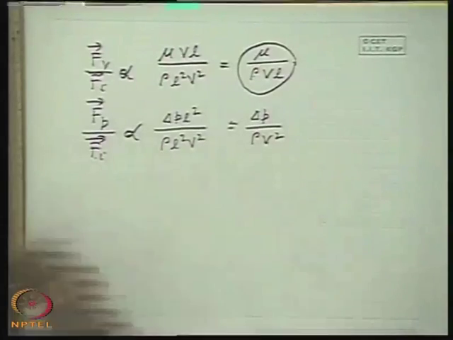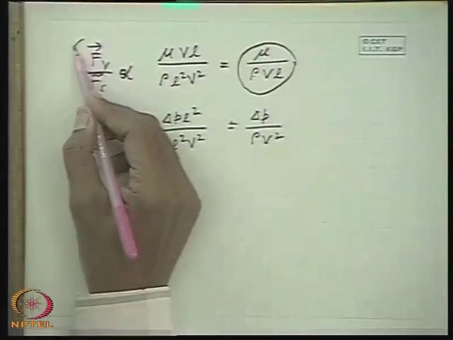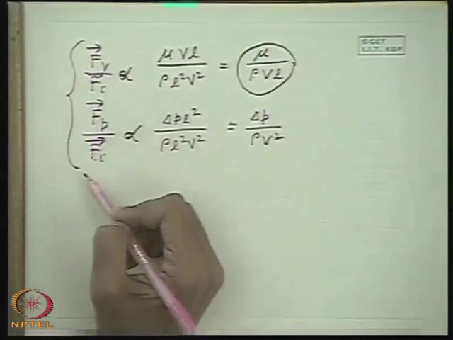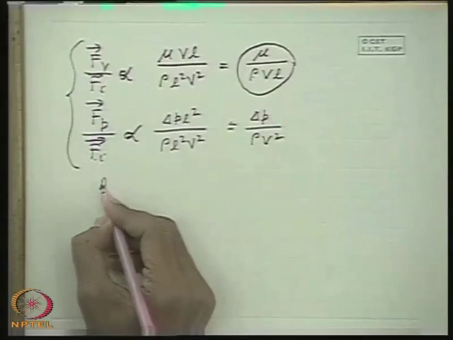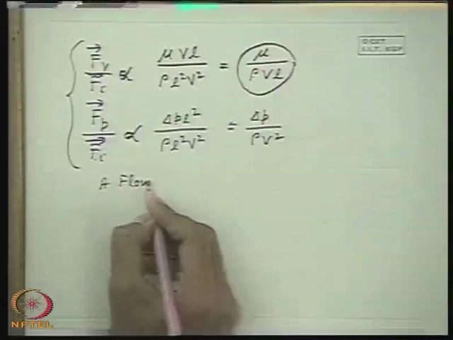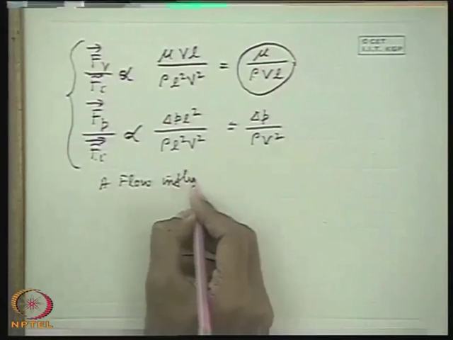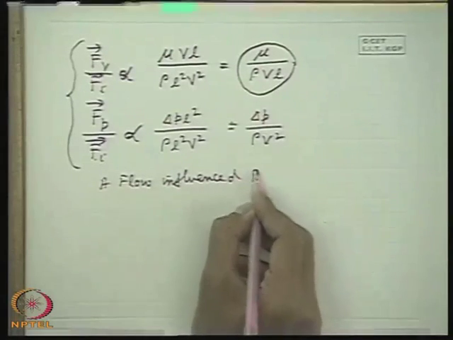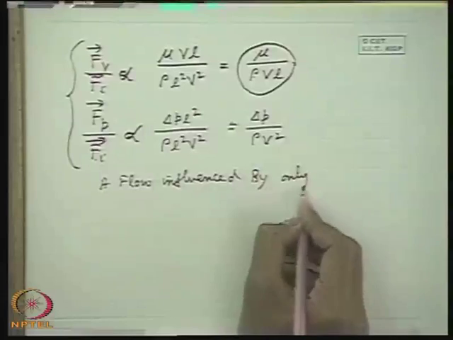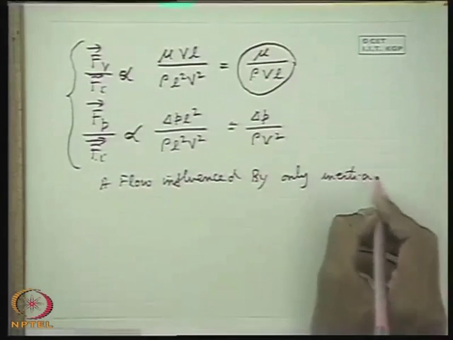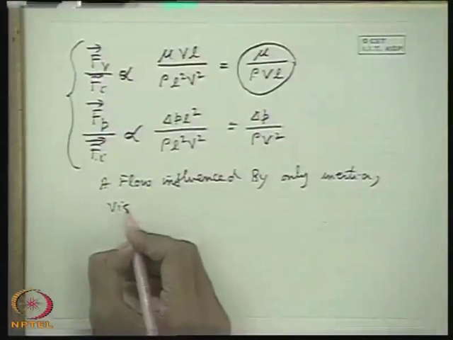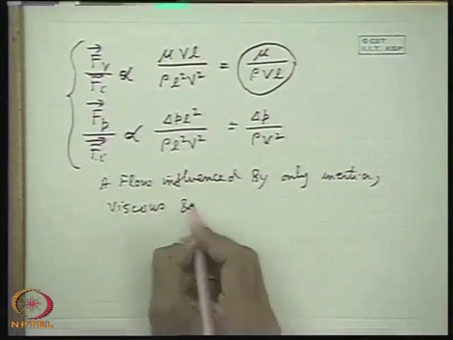Now I see that viscous to inertia force is proportional to mu by rho VL, and pressure to inertia force is delta P by rho V square. I have told you that in practical situations, a flow is not influenced by all the forces. So consider a flow influenced by only inertia, viscous and pressure forces.